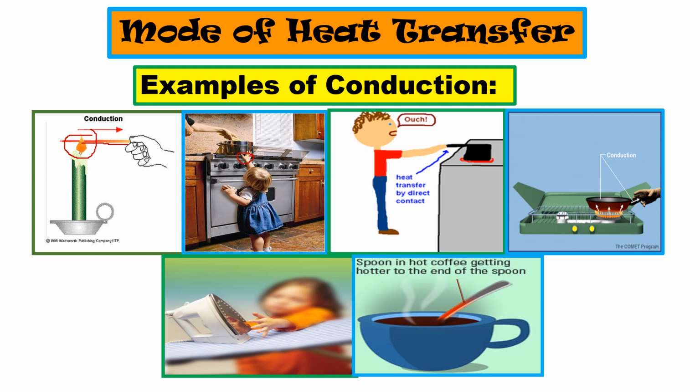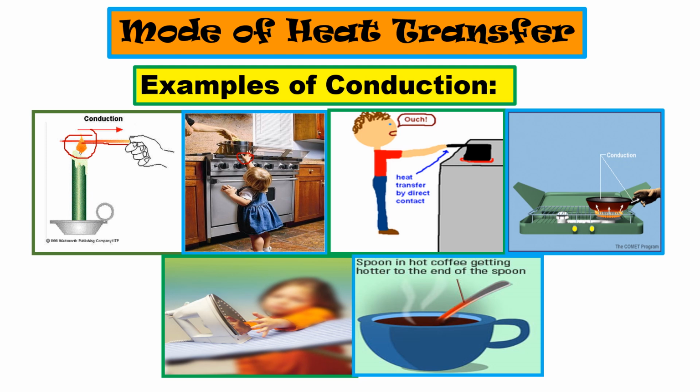Same thing with this one, nagluto siya. Baka wala itong insulators, wala siyang cover ng rubber or plastic. So nung hinawakan niya yan, nagkaroon sila ng direct contact, napaso siya kasi na-transfer yung heat from the pot going to the hand nung nagluluto.